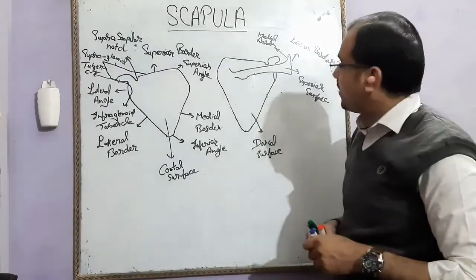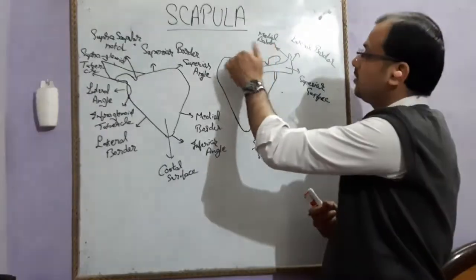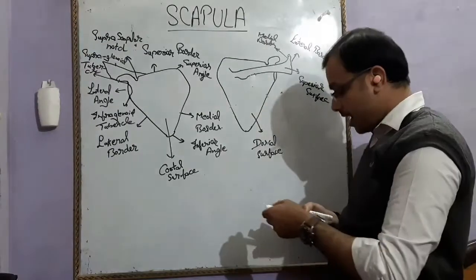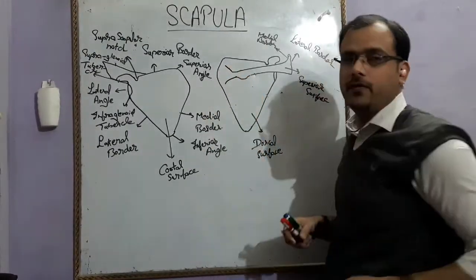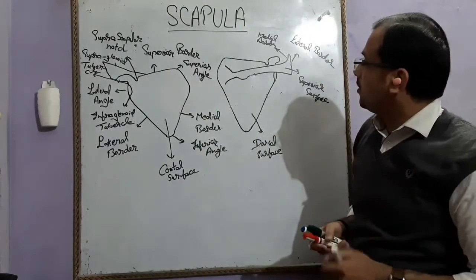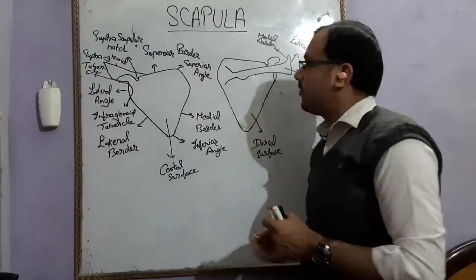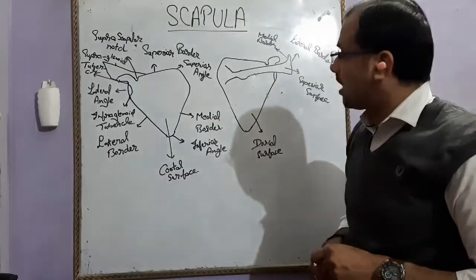The spinous process has two surfaces, superior surface and inferior surface, and a single root. This is the root of the spinous process. So these are all the features of the body of the scapula.